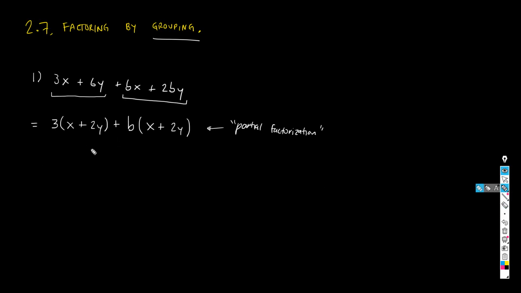And then if you notice, guys, what we can do next is look at this new expression and go like this: I have 2 terms. This is one term plus another term, and I notice that they share a common factor. What is the common factor between them? x plus 2y.